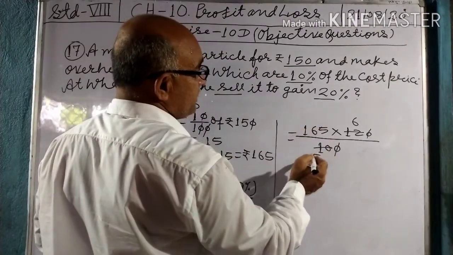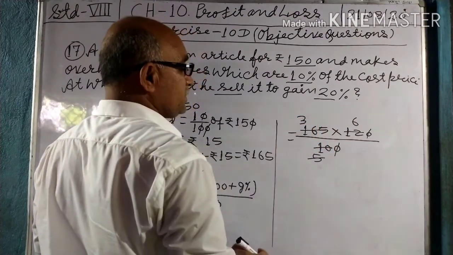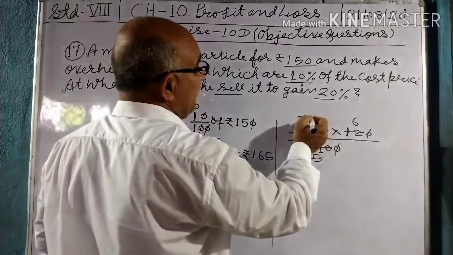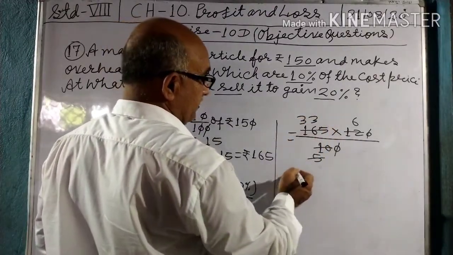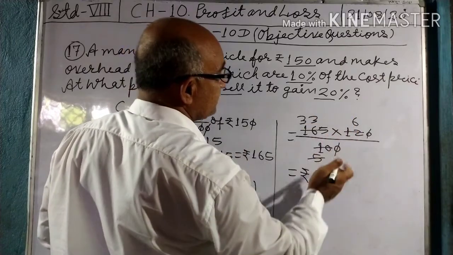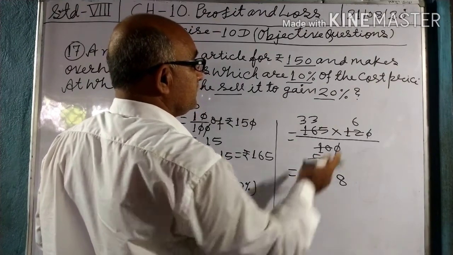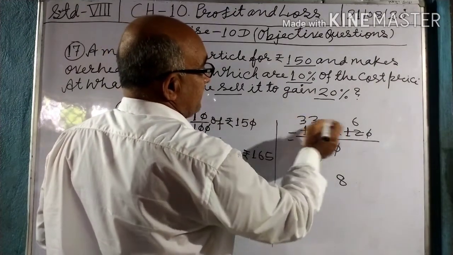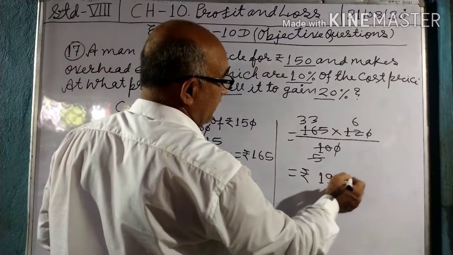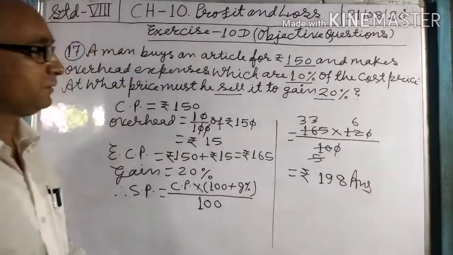Divide 165 by 5: 5 times 3 is 15, so 33. Now multiply rupees 33 by 6: 6 times 3 is 18, plus 1 is 19. 198 will be the answer of this question. Write it.